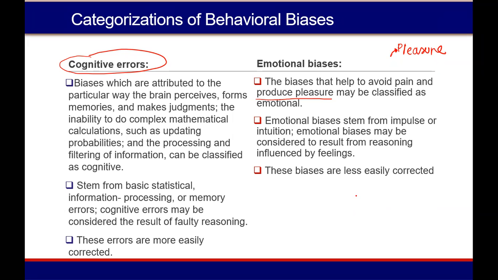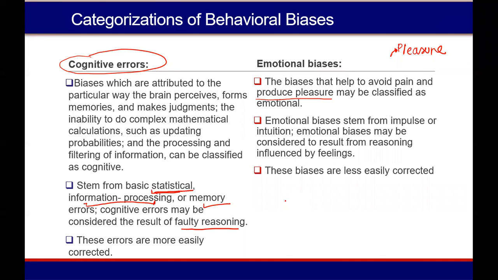Okay. So the cognitive errors are related to statistical thinking or statistical processing, and also related to how we process information in memory, and they also result from some faulty reasoning. We showed you some faulty reasoning in the previous class, that people are likely to make inconsistent decisions.